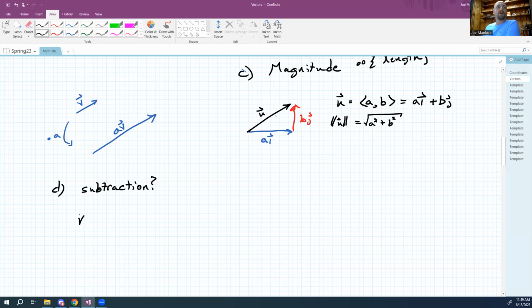I want to take a vector V and subtract a vector W. Well, I'm really just going to rewrite that as the vector V plus, which is the operation that's actually defined, -1 times W.